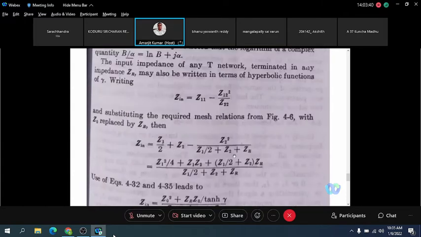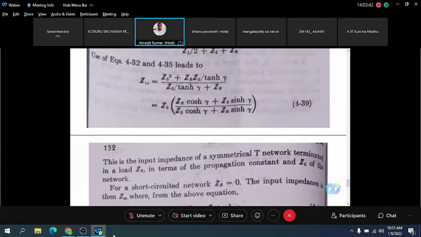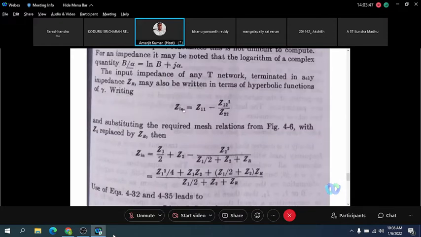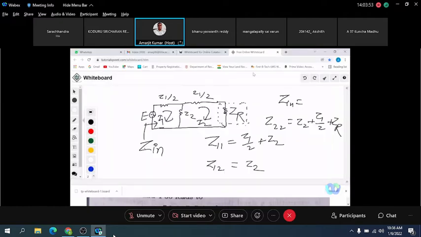Okay. So here the input impedance Zin is equal to Z11 minus Z12 whole square divided by Z22.